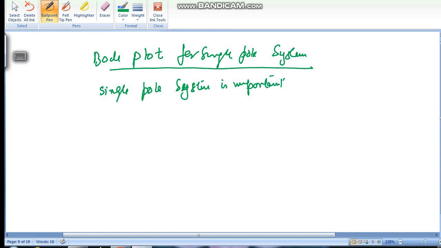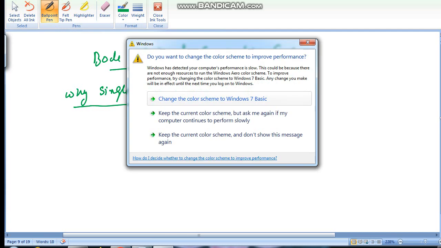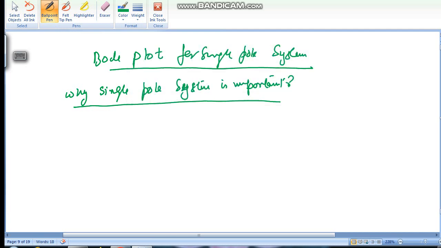Why? Because single pole systems are stable. We will see this stability concept, but I would like to tell you single pole systems are stable. Any system we design, any amplifier, buffer or any system, if it is working in feedback, then we try to make it close to a single pole system so that it will be a stable system.